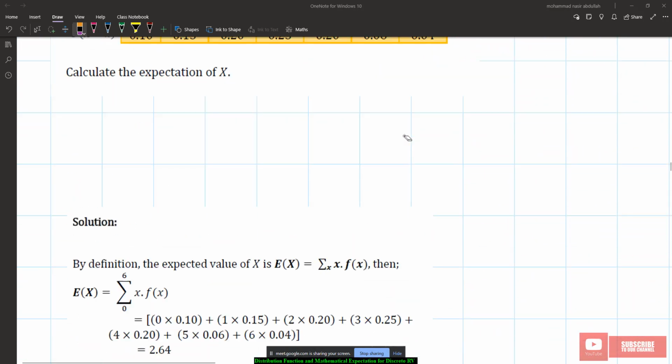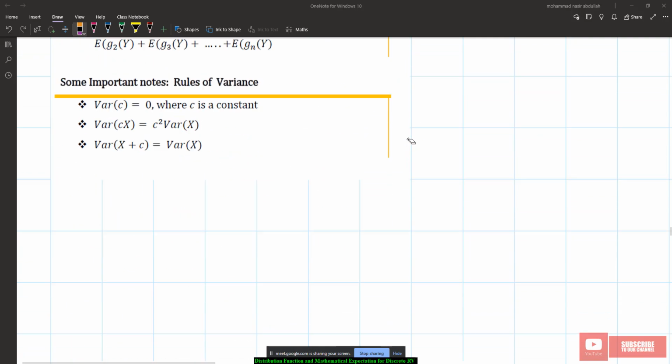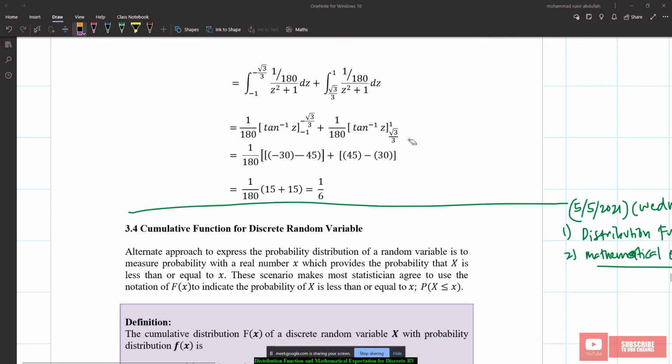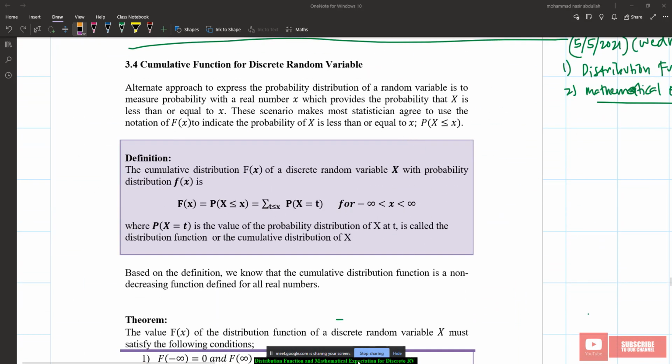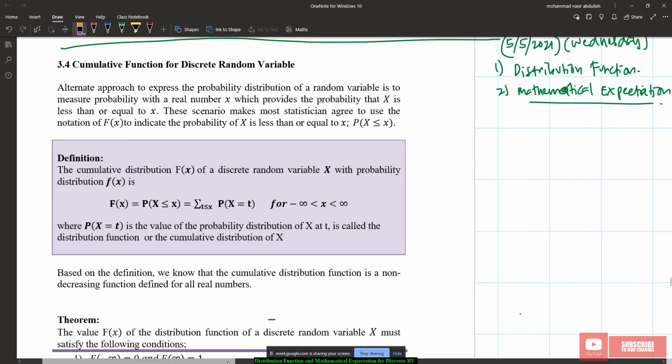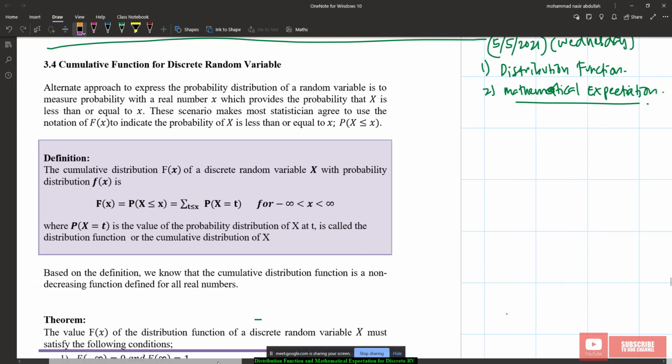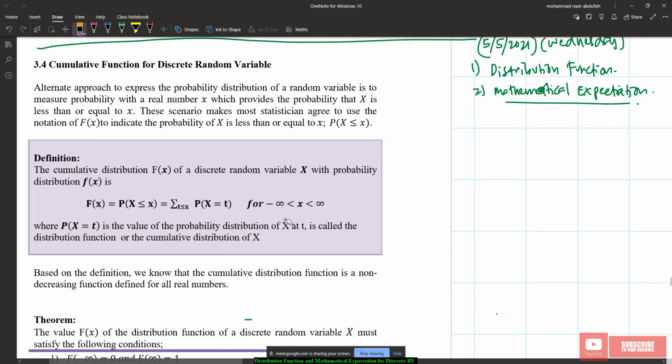So today we're going to continue on the cumulative distribution function, or cumulative function, right? Cumulative function is basically the same concept as cumulative frequency. In the second chapter we were introduced to the frequency table.